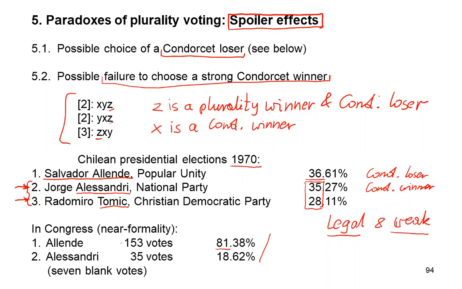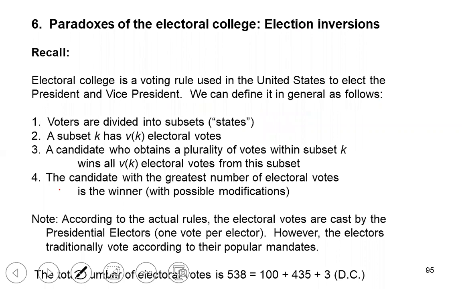So spoilers appear from time to time in politics. In American politics, the most famous spoiler was Ralph Nader in the 2000 elections, because with this spoiler, Albert Gore was not elected the president. Without him, he would have been elected the president.